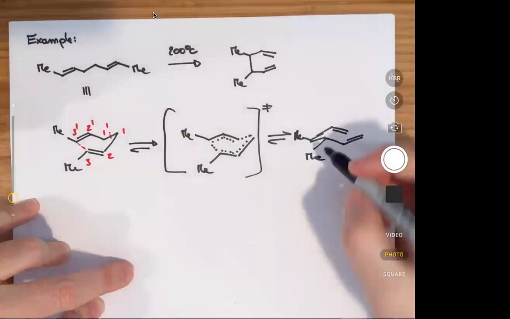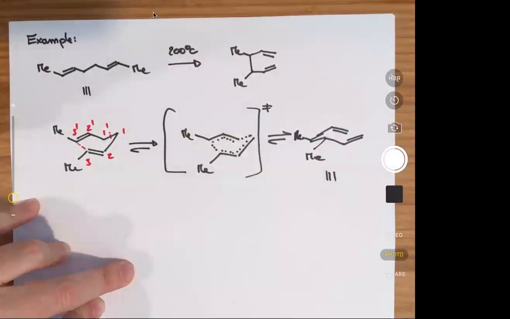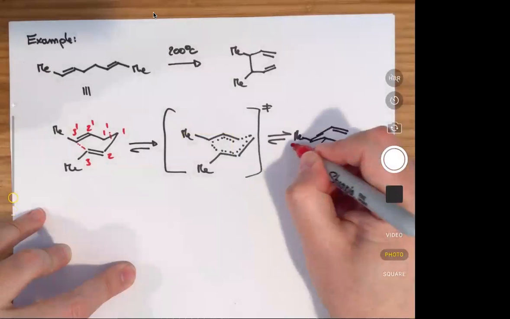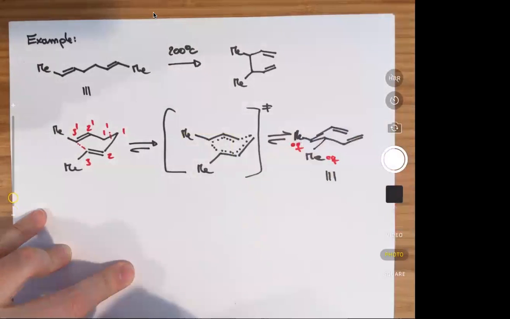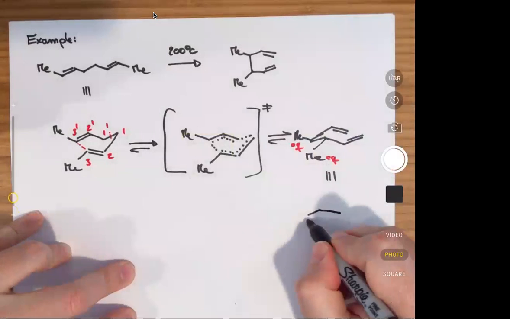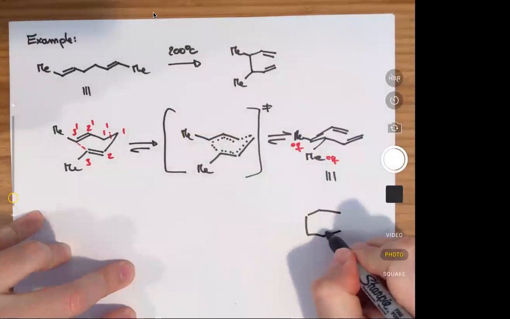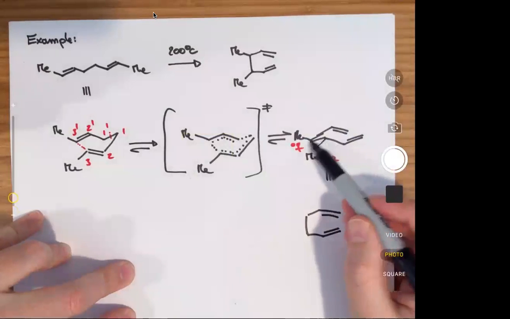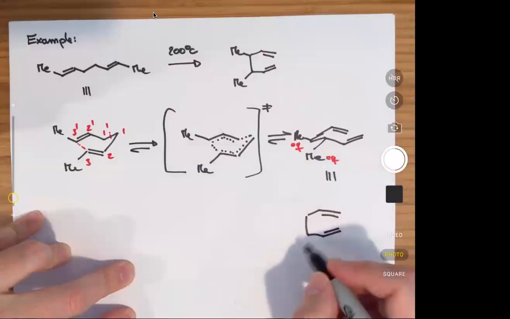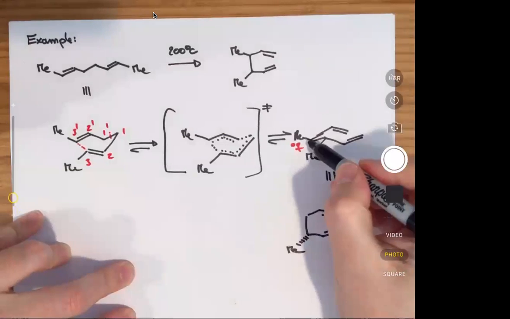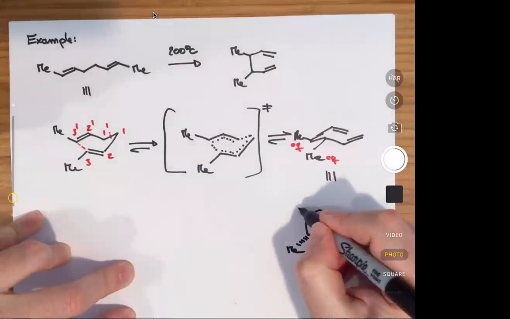So if we translate this into a planar structure, both of these are equatorial. Then we can define what the induced stereochemistry around these two carbon atoms is going to be. In this case, this methyl group is going to point downwards, and this methyl group here is going to point out of the plane of the board.